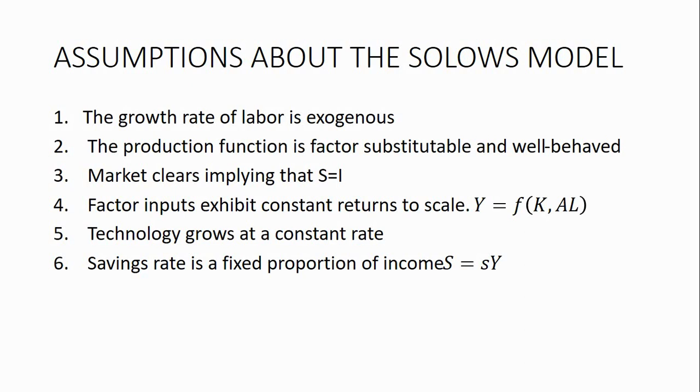If you increase capital by 4 units, constant returns to scale means that output will also increase by the same 4 units. So the factor inputs exhibit constant returns to scale. Technology grows at a constant rate.